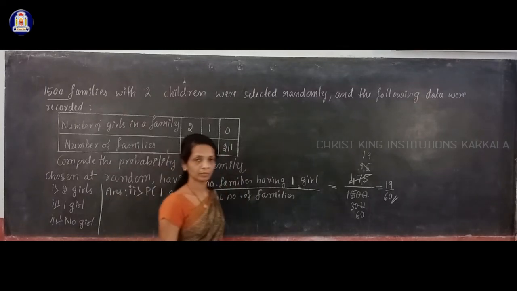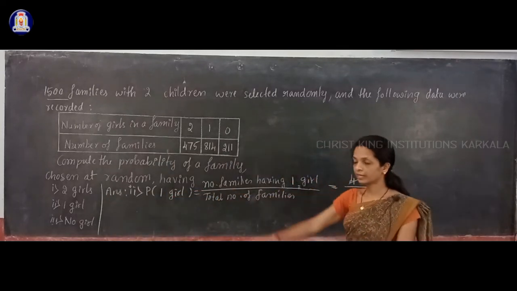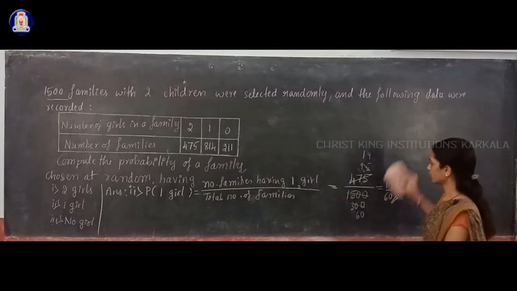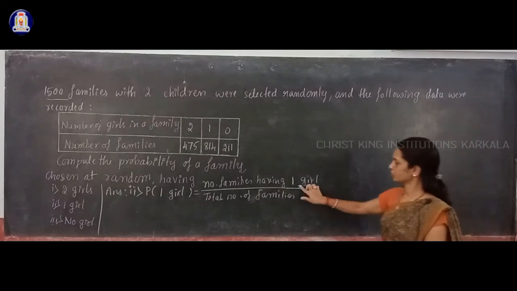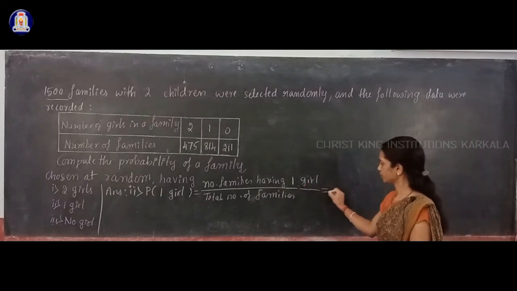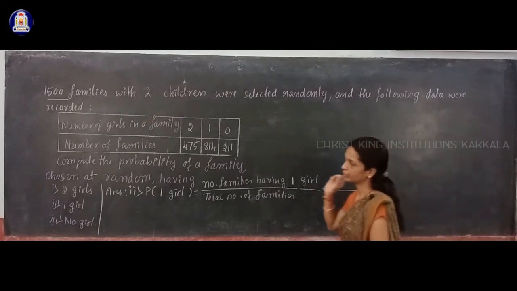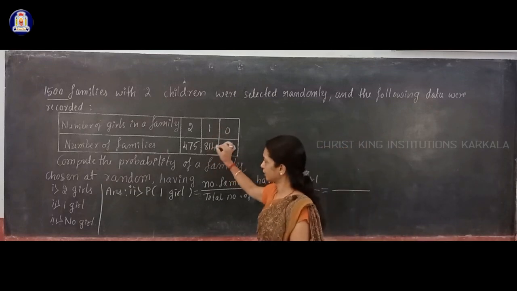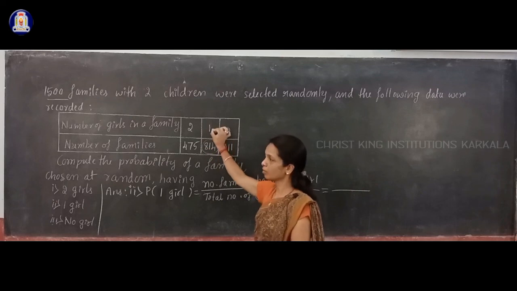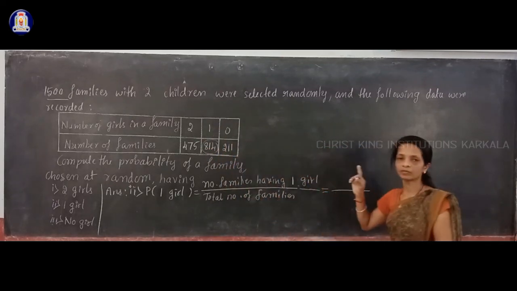This denominator will be as it is for all three. Now the numerator: you have to see the table and identify the number of families having one girl. There are 814 families having only one girl, meaning the other one will be a boy.